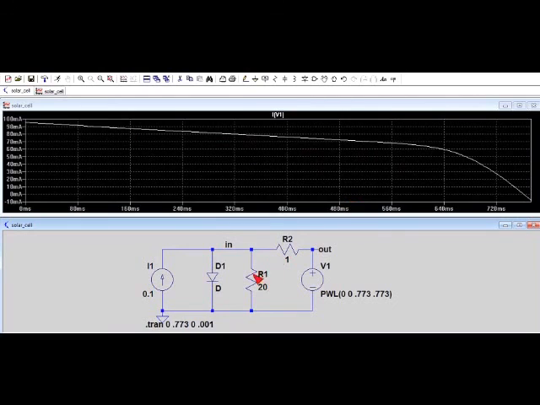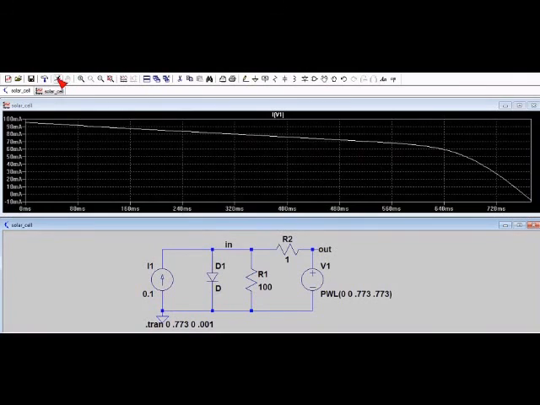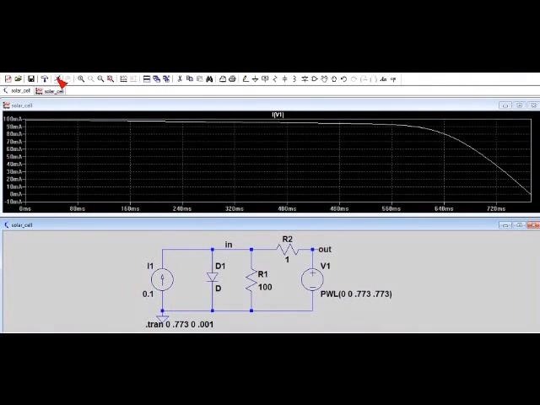So this resistor R1 becoming smaller has decreased the output of our solar cell. So let's change that back to 100. Okay, and let's reset our simulation to the nominal value. So this gives you some idea of the effect that the parasitic resistors R1 and R2 have on the solar cell performance.